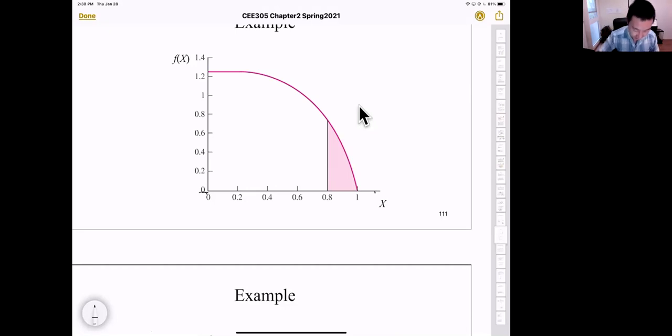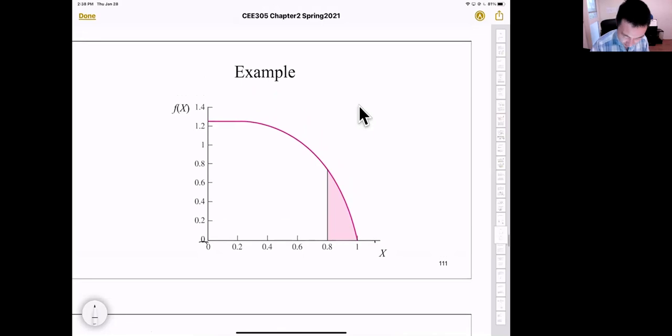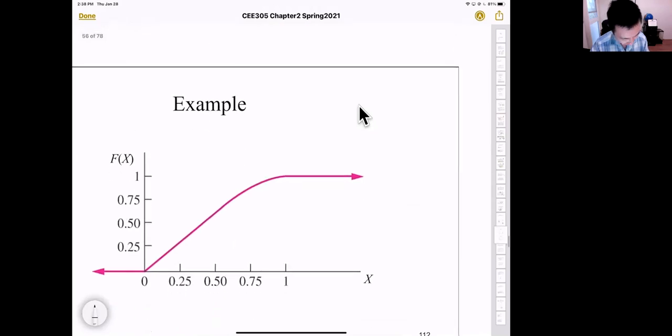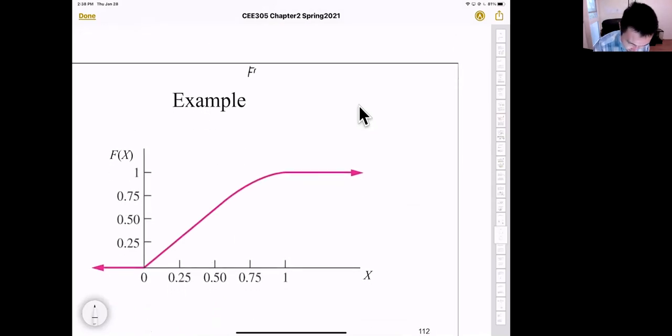Again, for Fx, we do the integration from negative infinity. Depending on where x is, if x is less than or equal to 0, then Fx is equal to 0.